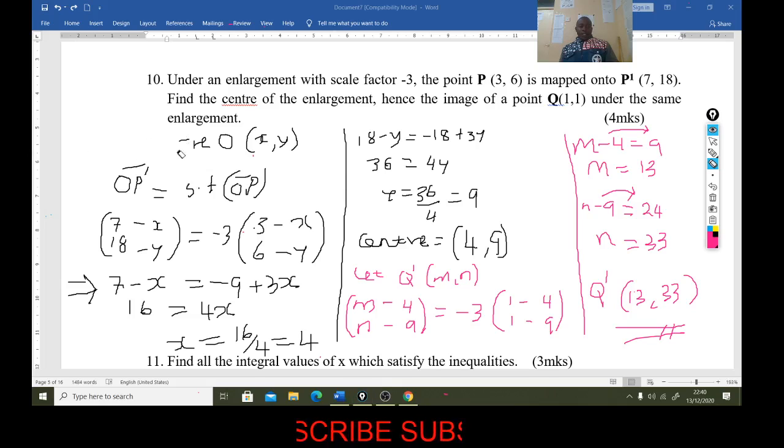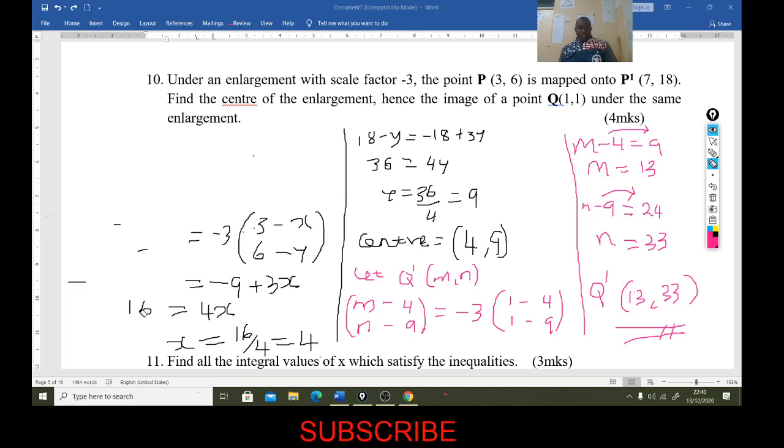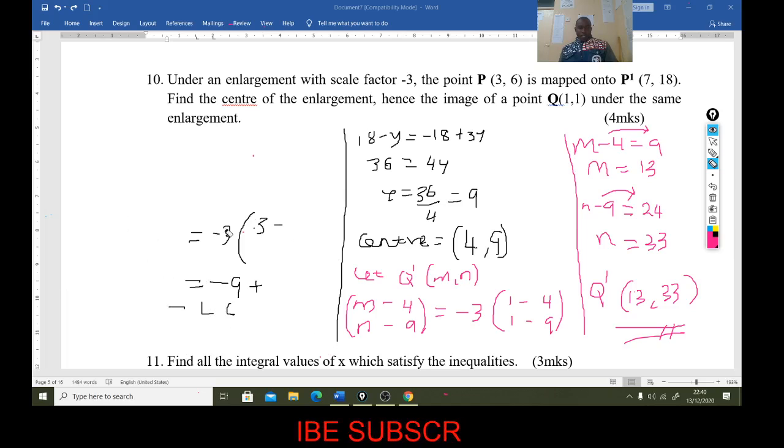Now, after doing that, we go to question number 11. We do question number 11. We find all the integral values that satisfy the following inequalities. That is question number 11.